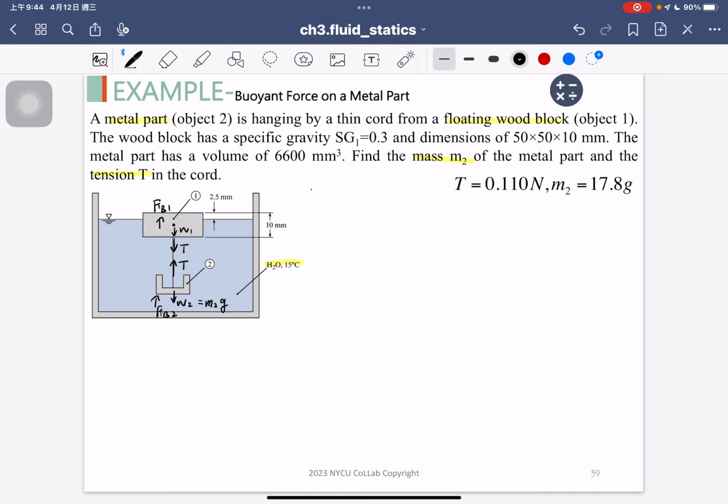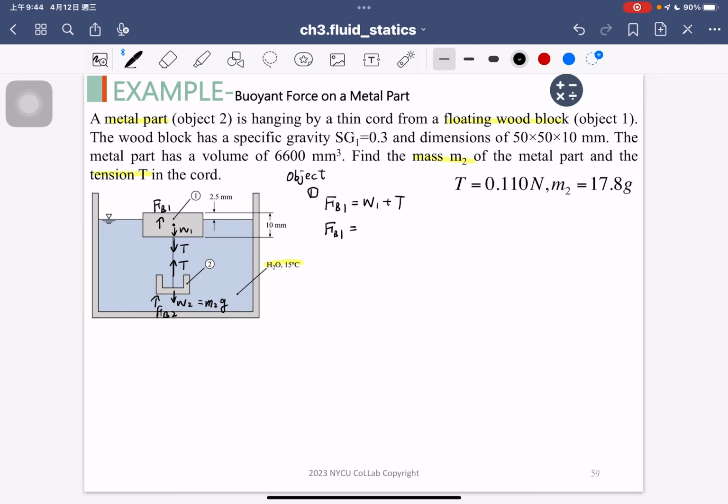For object 1, we can focus only on object 1. For the balance, there is only one upward force, FB1, and two downward forces, W1 plus T. We first need to compute FB1.